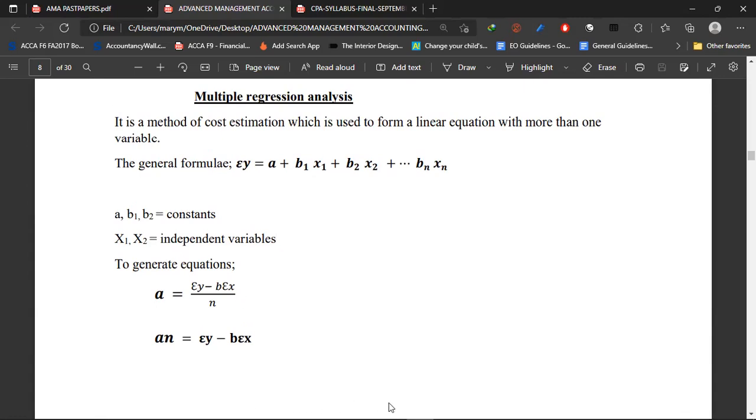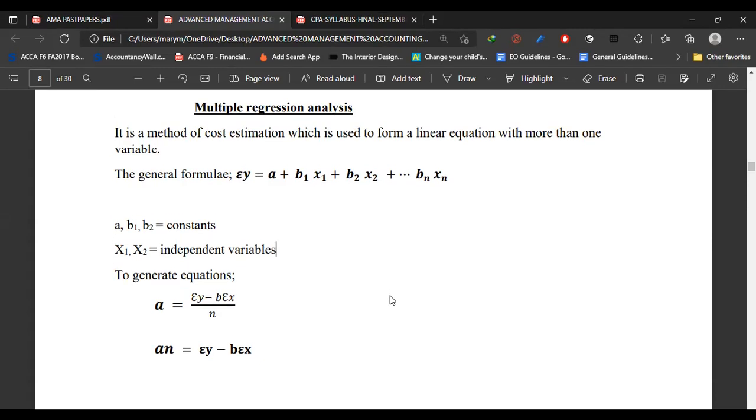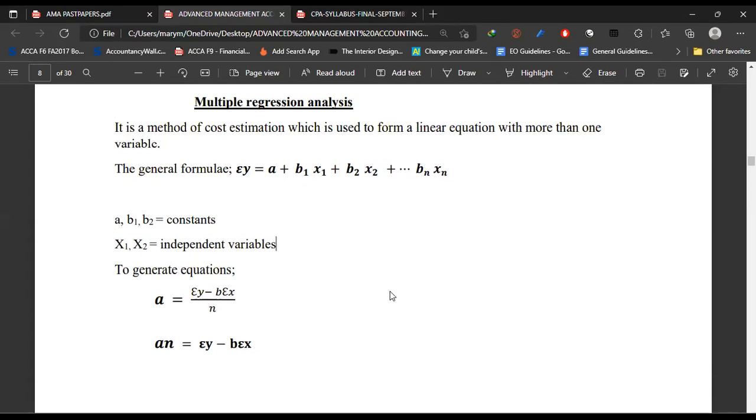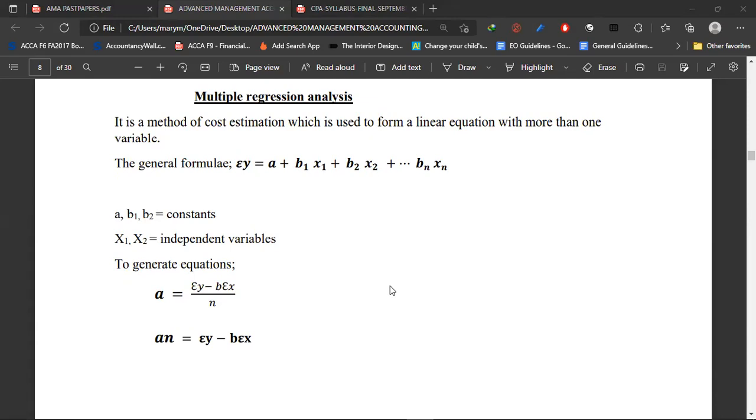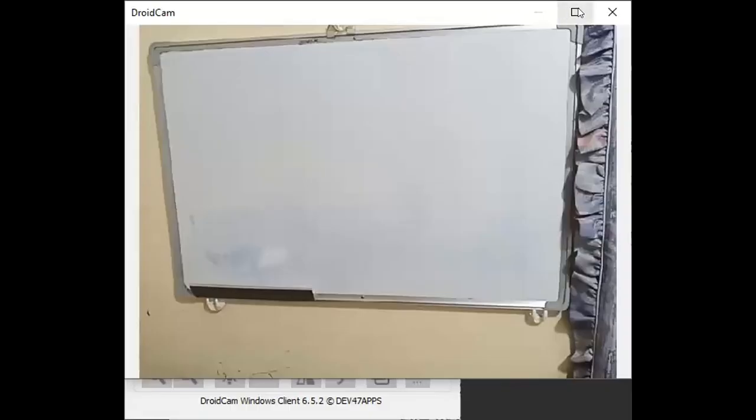Now, let me share my board with you. Can you see the board? Will you be able to see the board?